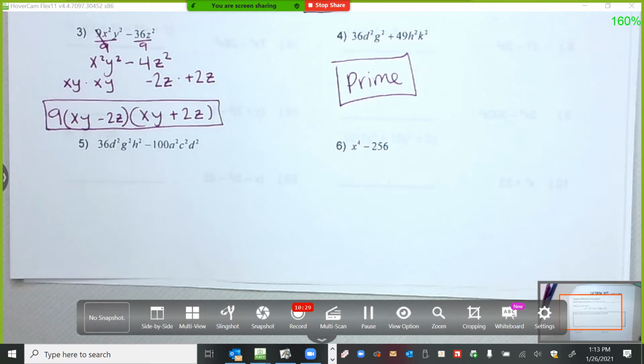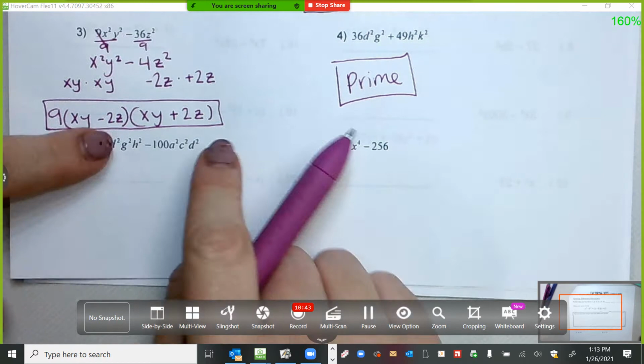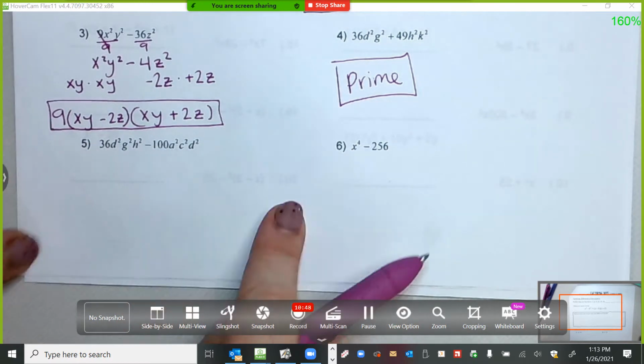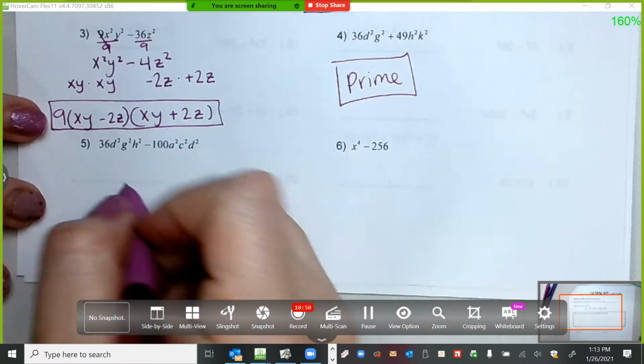Does 4 go into both of them? Yes. Does anything bigger than 4 go into both of them? No. Now, if you took out the wrong GCF, you'll see that there's still a GCF whenever you take it out. So if there's still one, that means you can take that out too. So here the GCF is 4.